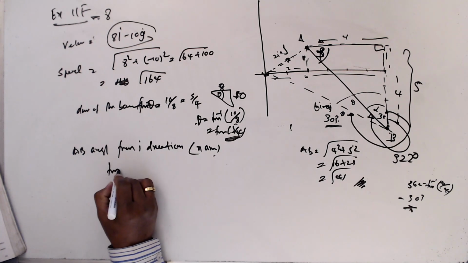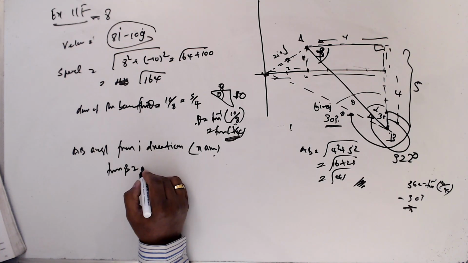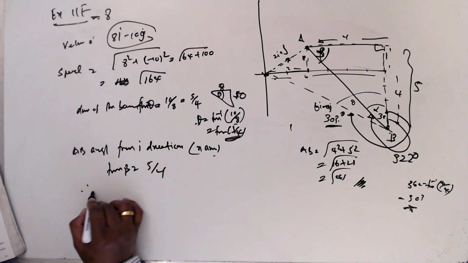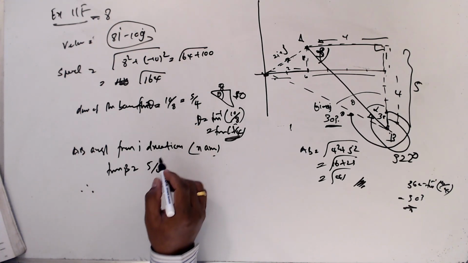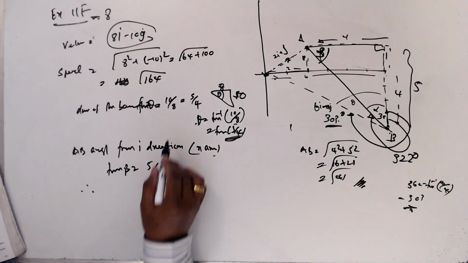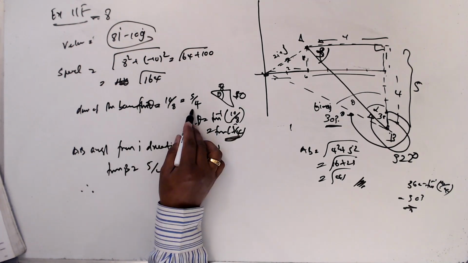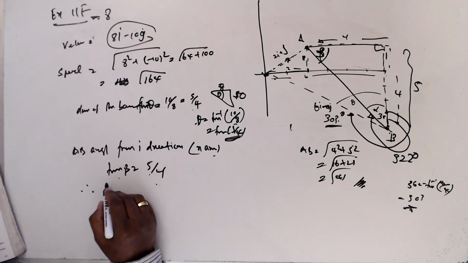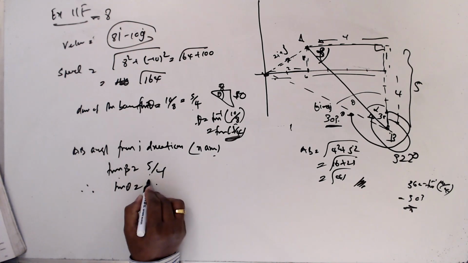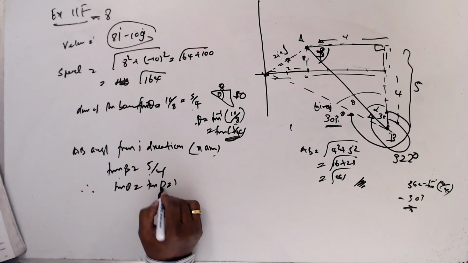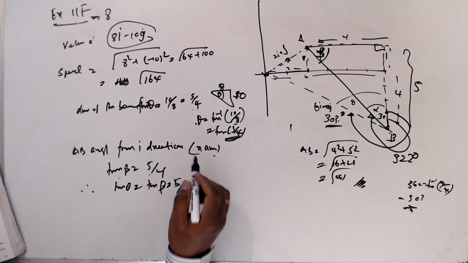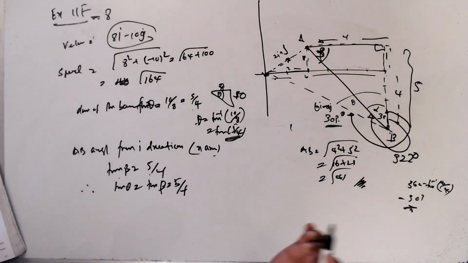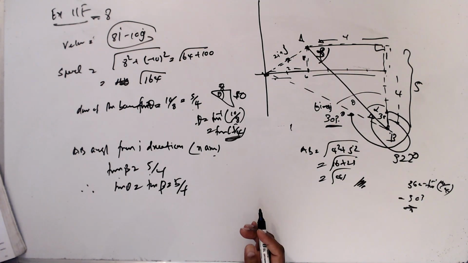So tan beta is 5 over 4. Hence tan theta equals tan beta equals 5 over 4. So both have the same direction and the same angle.